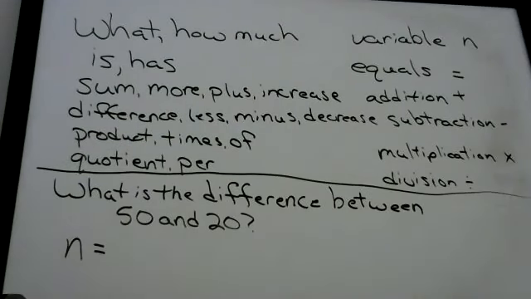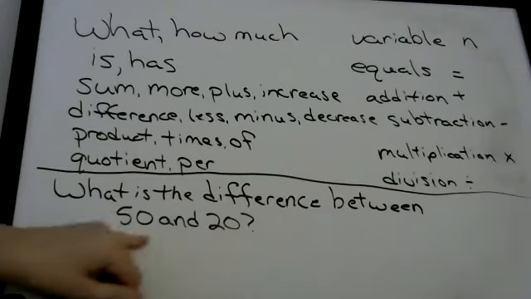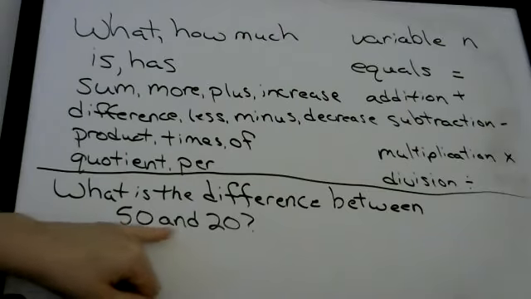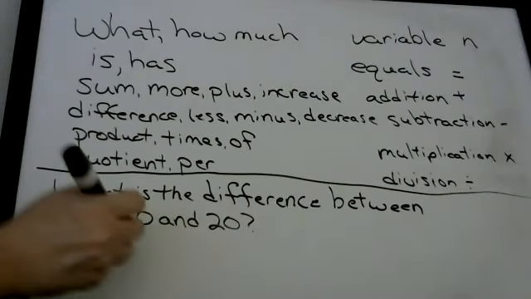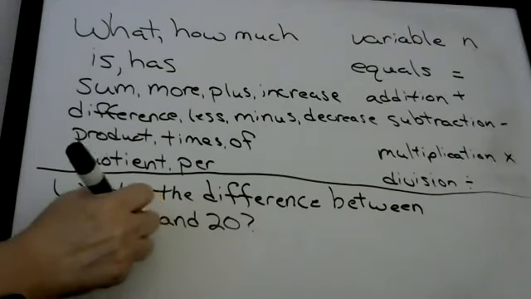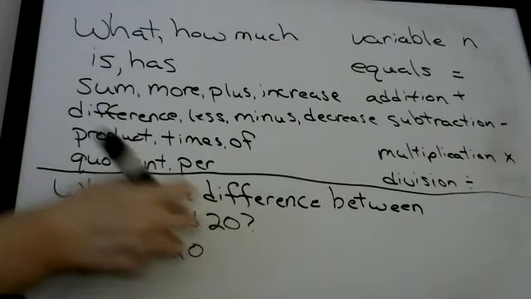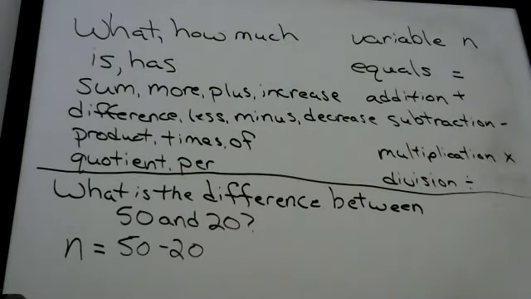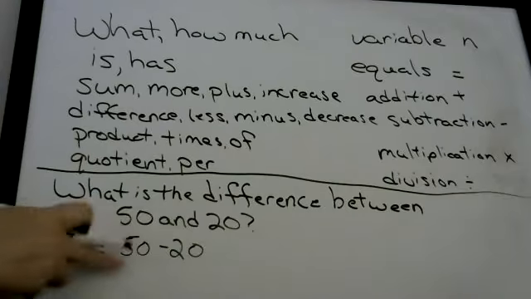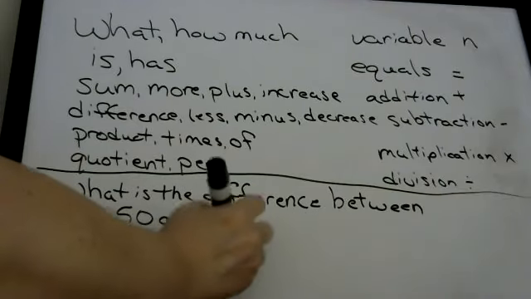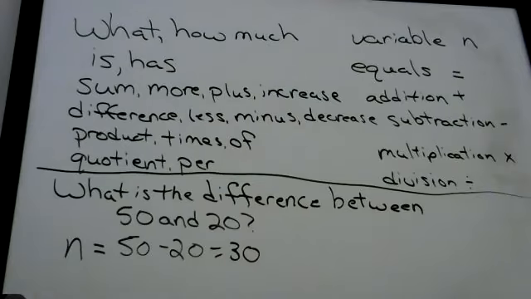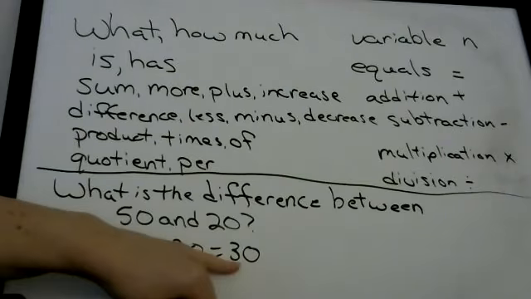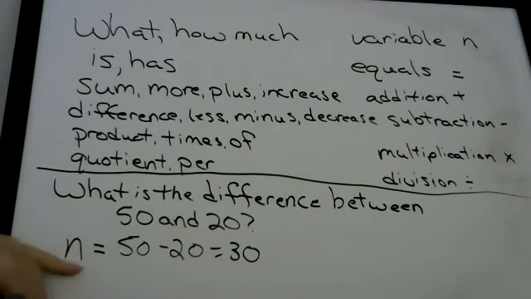So n equals the difference between 50 and 20. We know we're going to subtract, and it should make logical sense that we're going to subtract by saying 50 minus 20. So what is the difference between 50 and 20? Well, 50 minus 20 is 30. So our answer is 30. Our variable, or what is the difference, is 30.